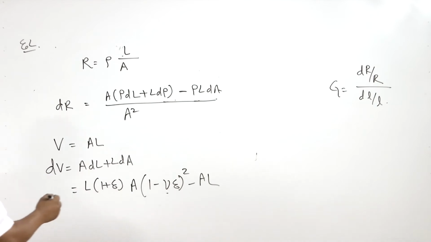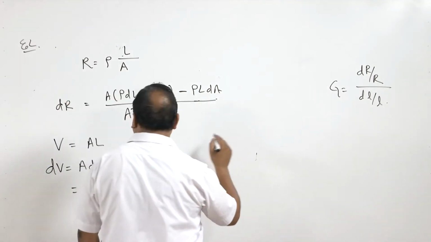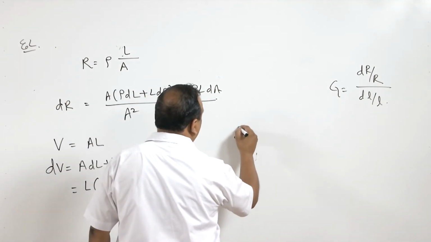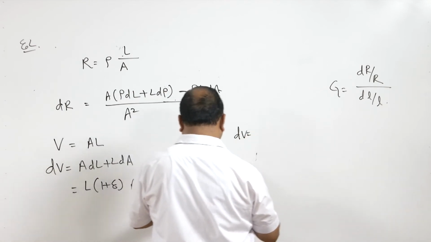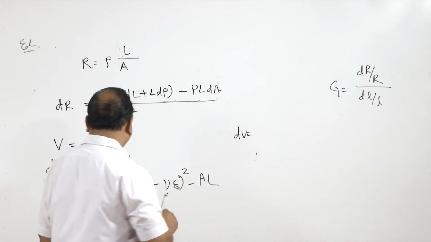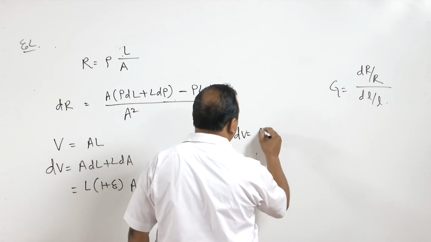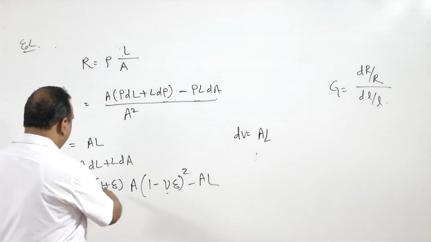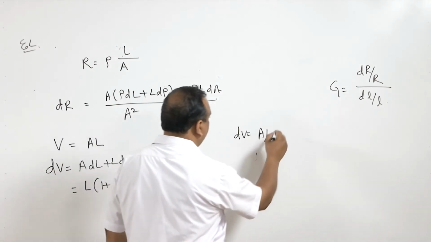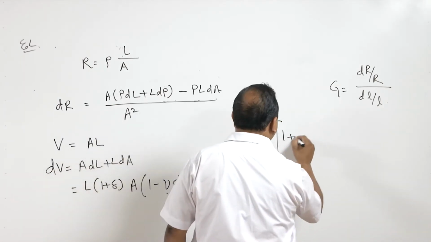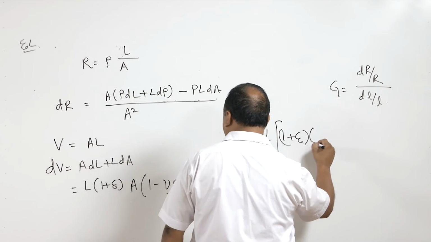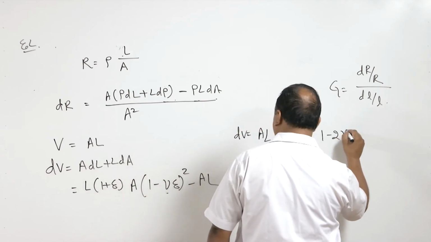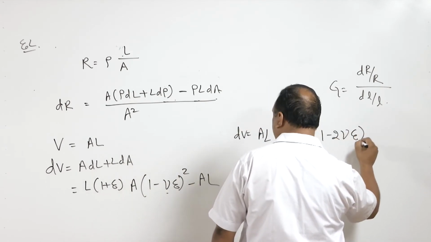Now, what we can do, we can take dV as AL common, right? We will take AL common, (1 plus epsilon) multiplied by (1 minus 2 nu epsilon) minus 1.